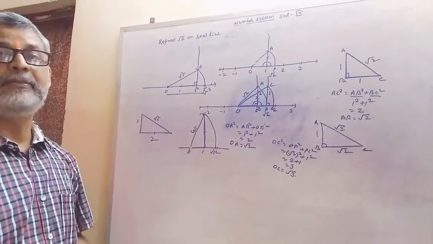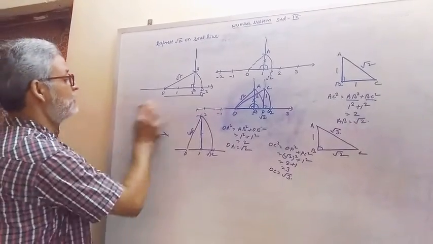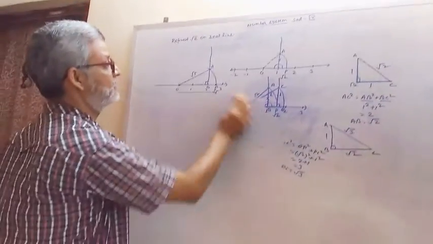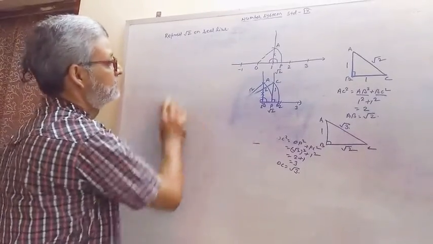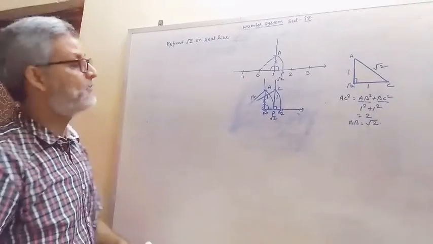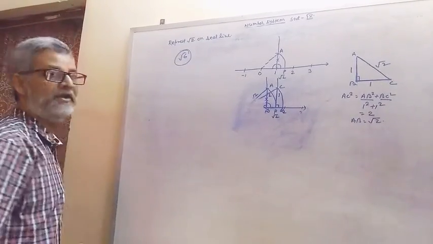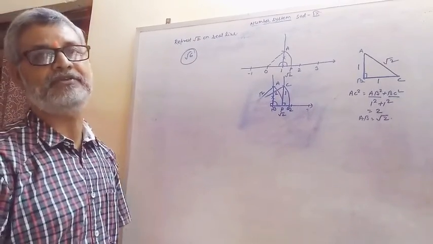Similarly, if root 6 is given, now the students can think, how can you take root 6? Suppose anywhere it is given to represent root under 6. Now just think, how can you take root under 6?